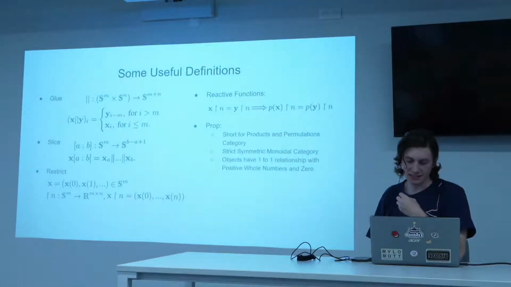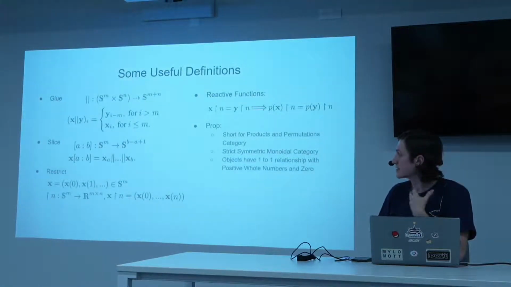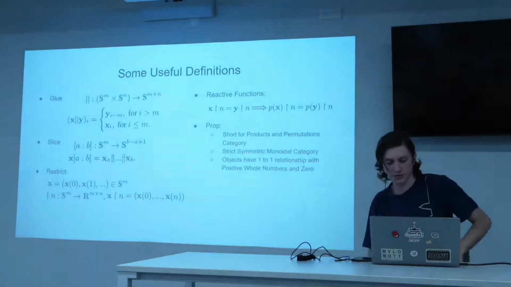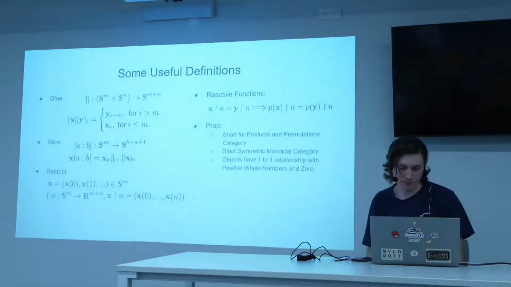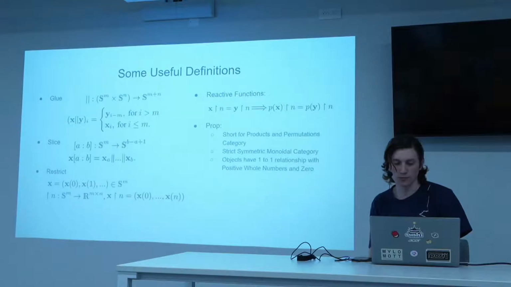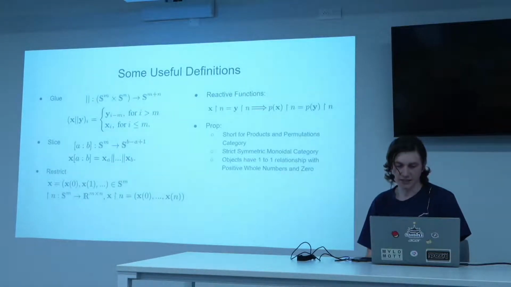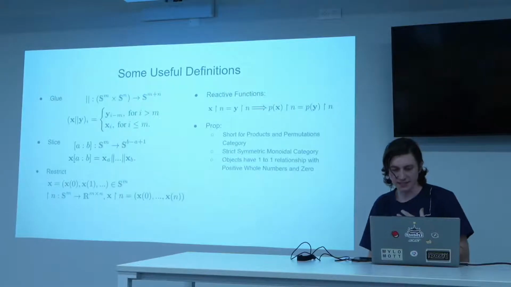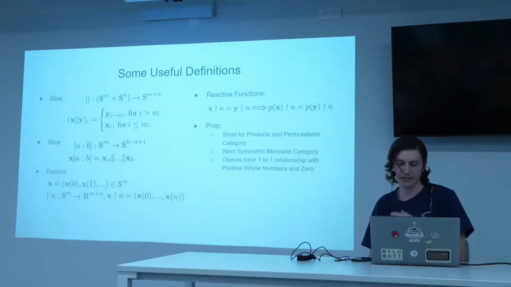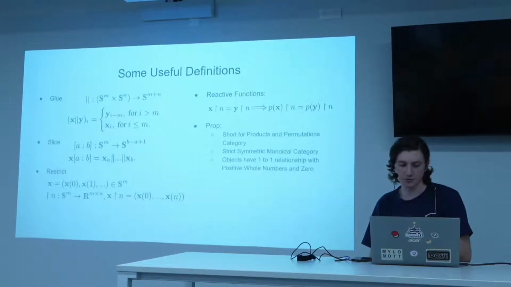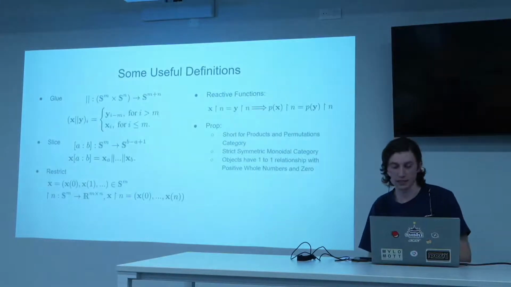Below that is the slice operator. This is there to choose, select or ignore certain signals. And then you have the restrict operator, which takes a signal and a time step as input, and returns the values of the signal from time step 0 up to the input time step.